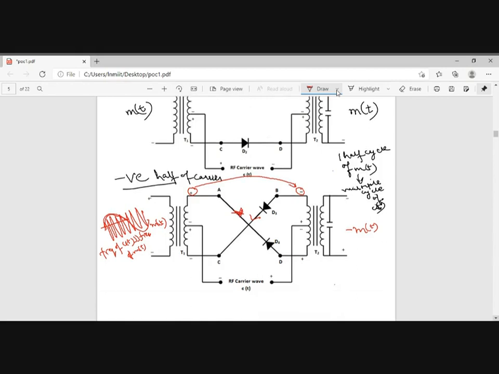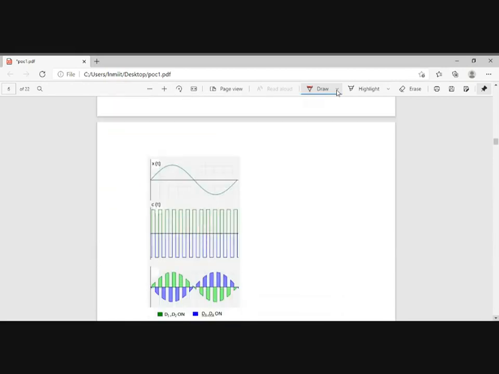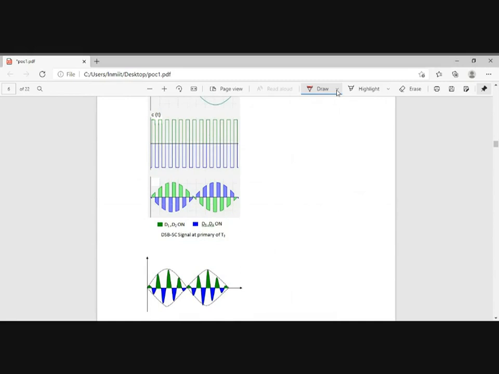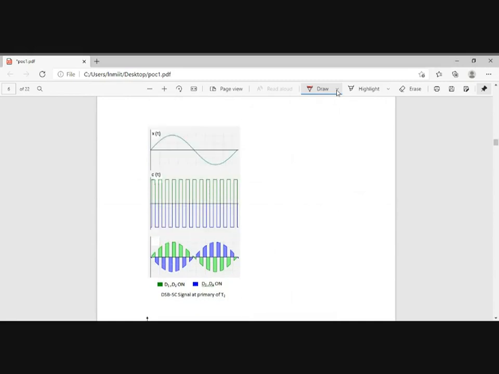Seeing this, we can draw a structure. We can draw the pulses like this. This is our modulating signal, with modulating signal frequency fm very much less than fc.